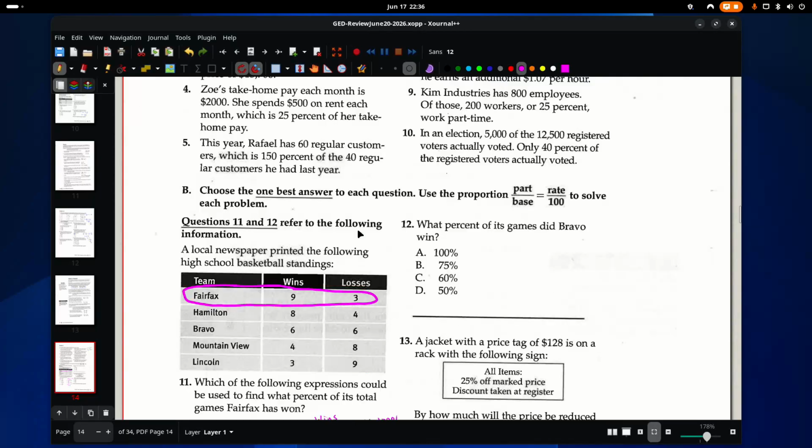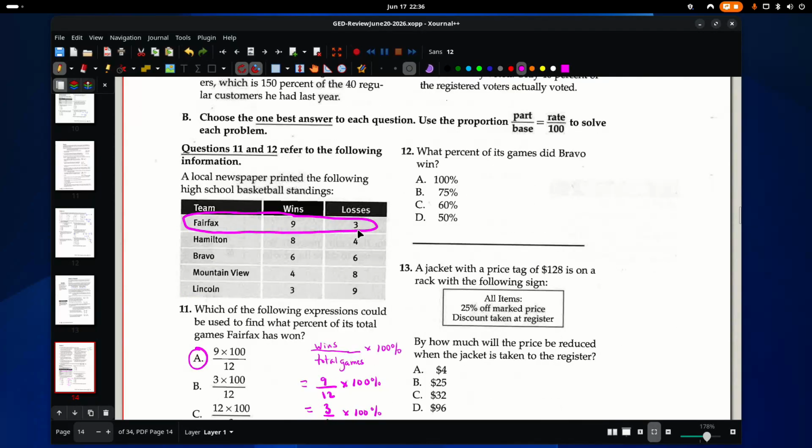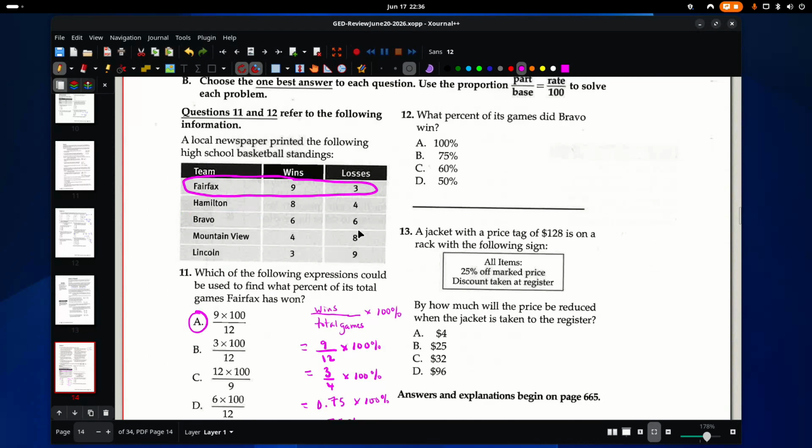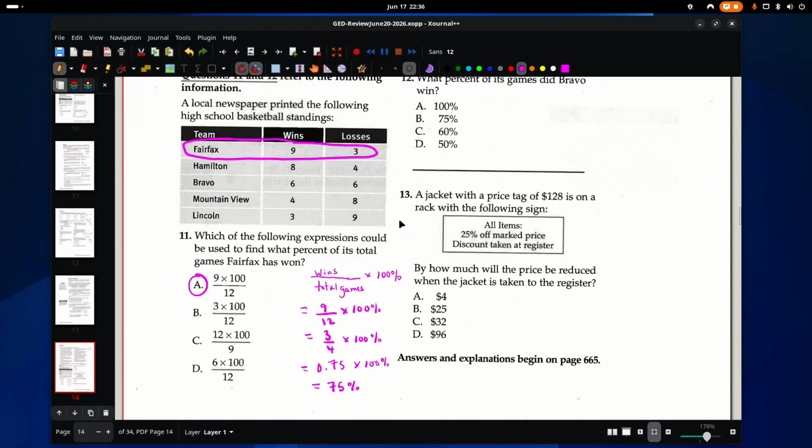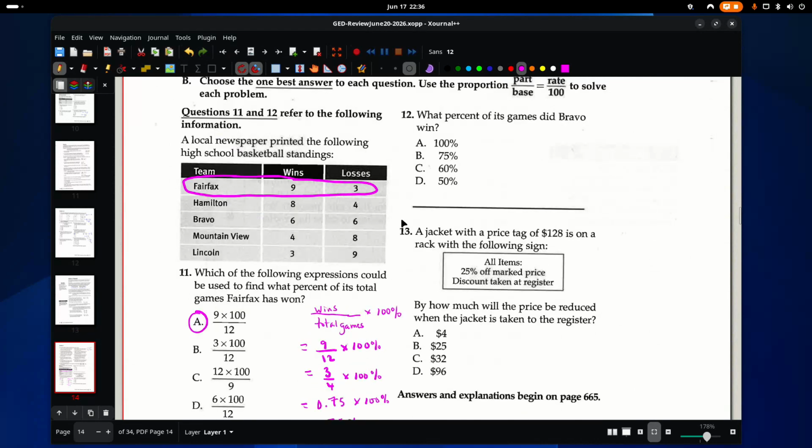Okay. What percent of its games did Bravo win? So this one we have to go further, right? For this one, we'll have wins over the total games, which for Bravo is 6 over 12.